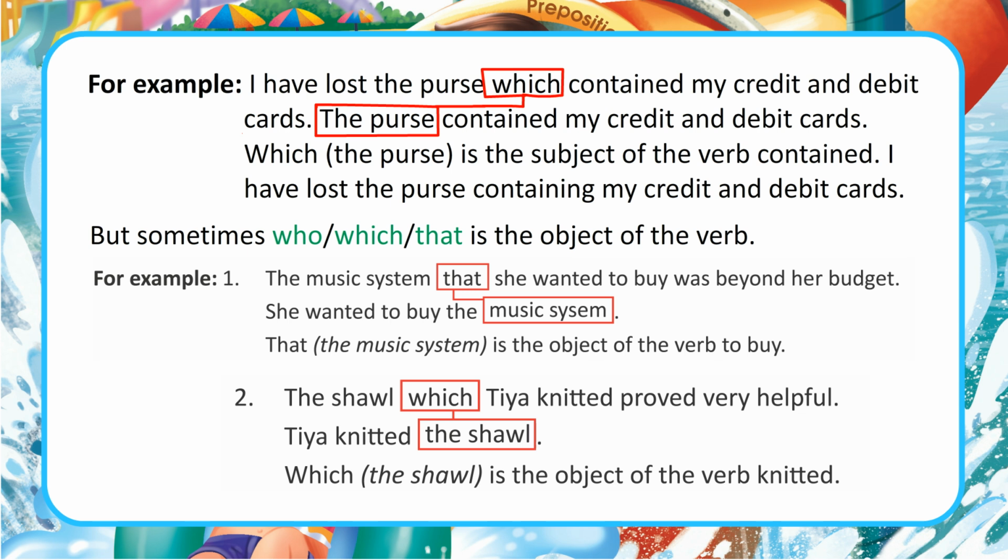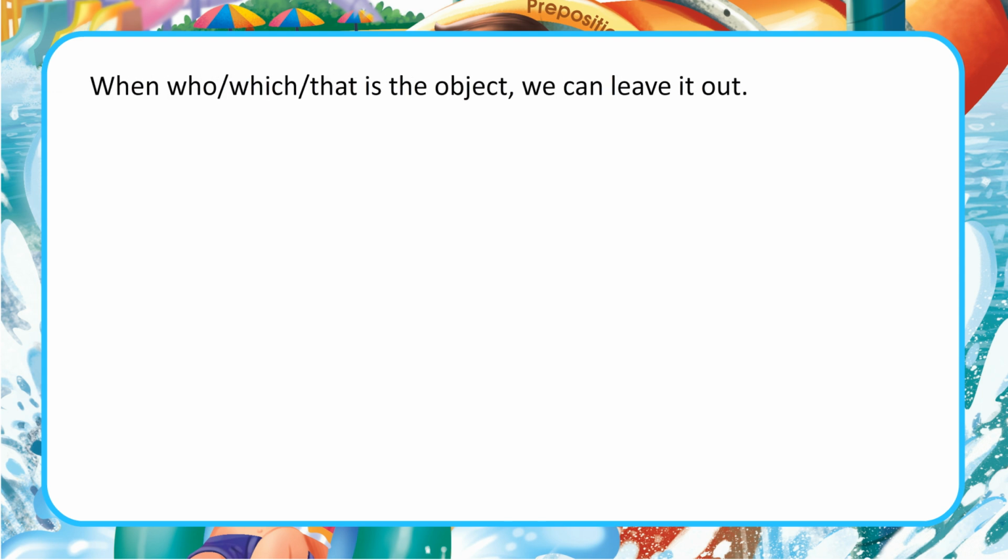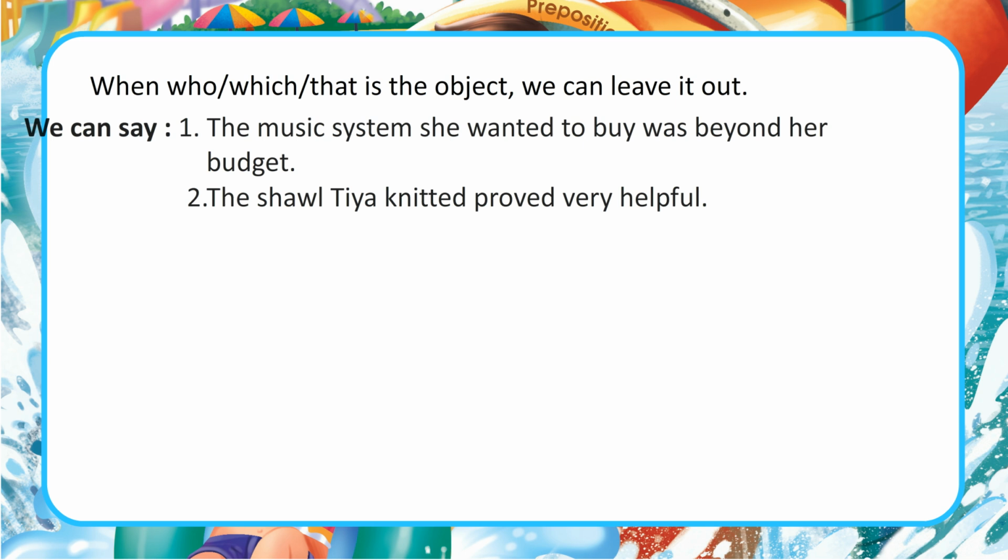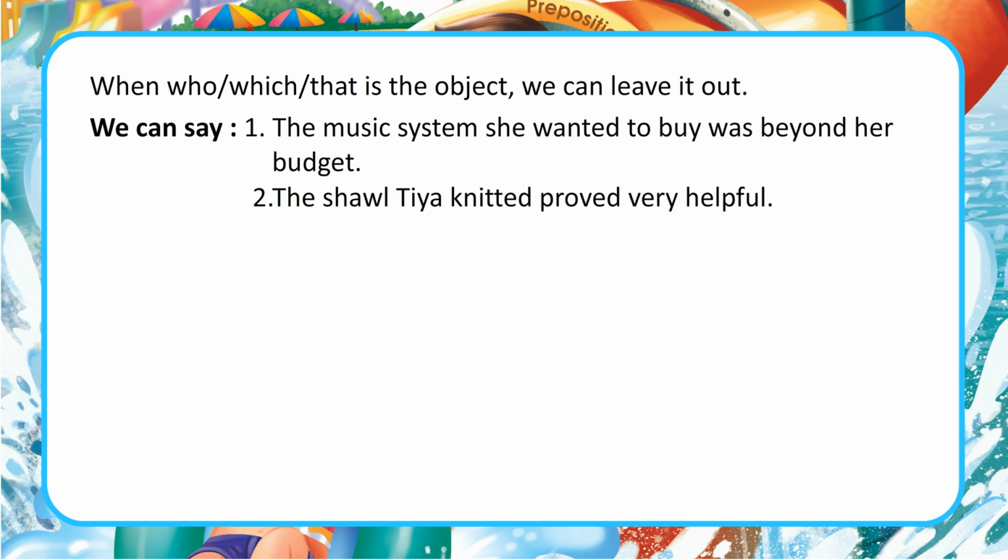Tia knitted the shawl. Which, the shawl, is the object of the verb knitted. When who, which or that is the object, we can leave it out. We can say 1. The music system she wanted to buy was beyond her budget. 2. The shawl Tia knitted proved very helpful.